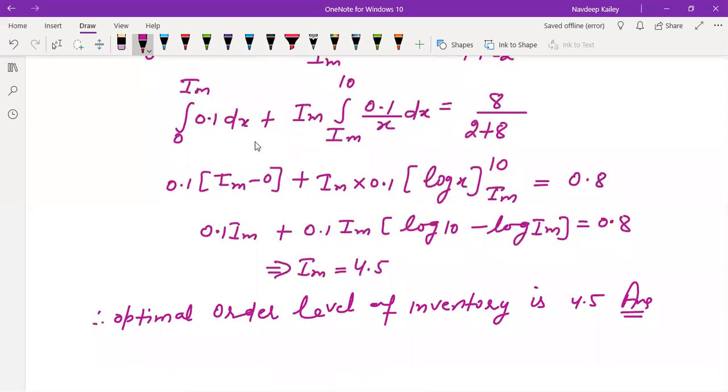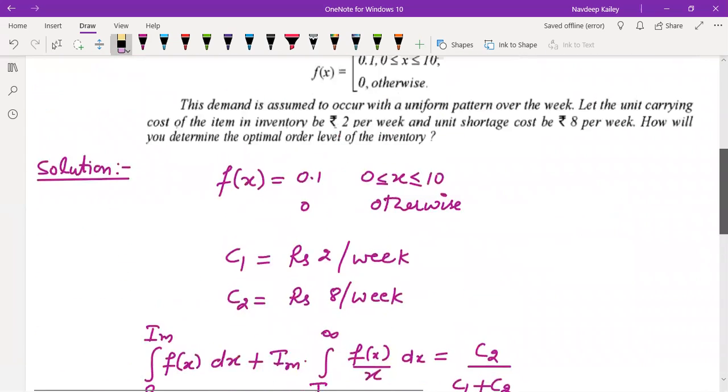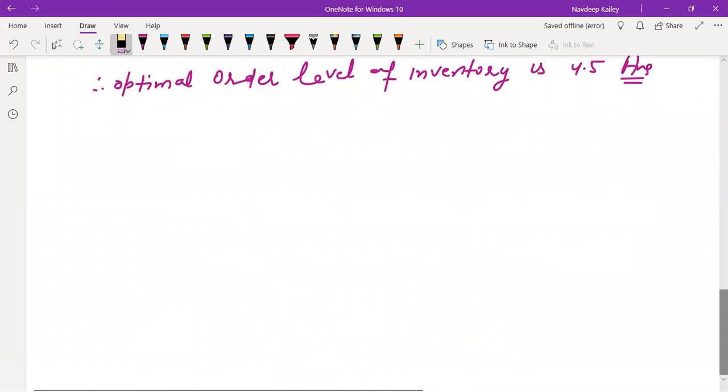This is the example related to model 4, in which demand is continuous and also stock levels are continuous. This was the discussion of four models which lie under the category of inventory models with probabilistic demand.